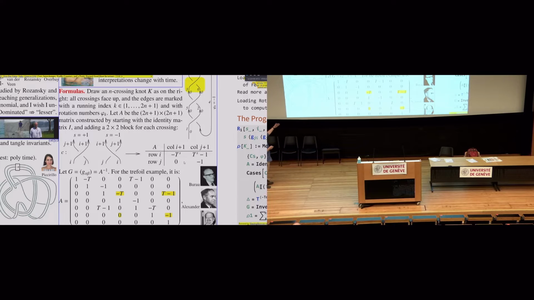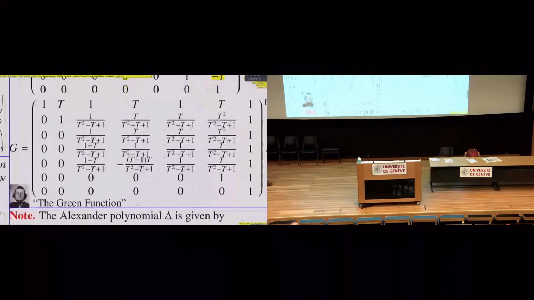And likewise, I continue to create this matrix A. And then I invert this matrix A and call the result G, and I also sometimes call the result the green function. And here's a picture of Green. It was actually pretty hard to find.